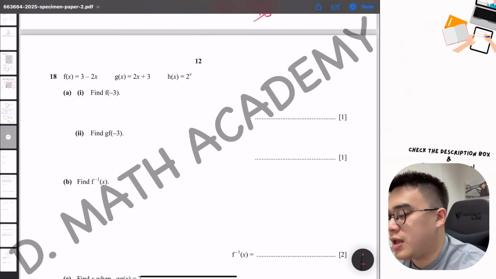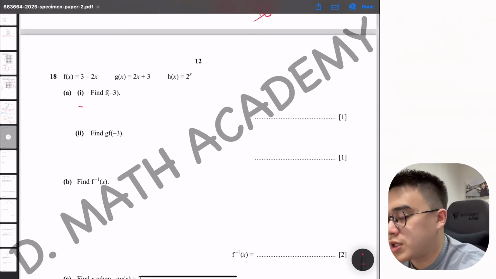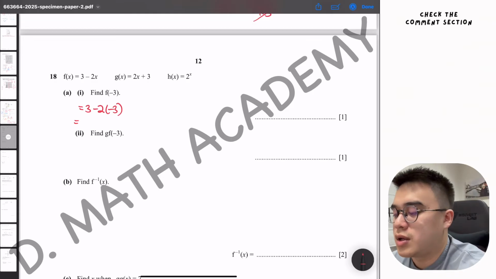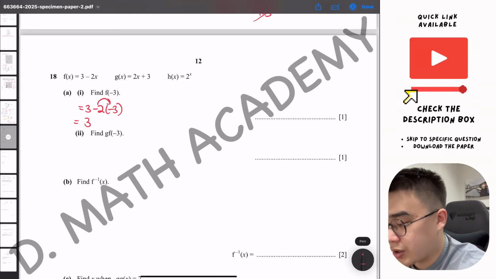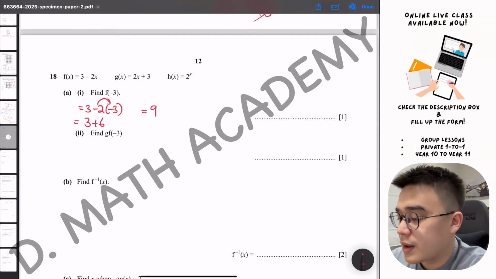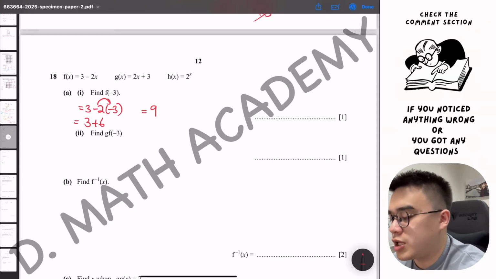Question 18a, finding f(-3). So what you're supposed to do now is to input the -3 together. -2 times -3 becomes +6, making your answer 9. Moving on to a number 2, gf(-3).